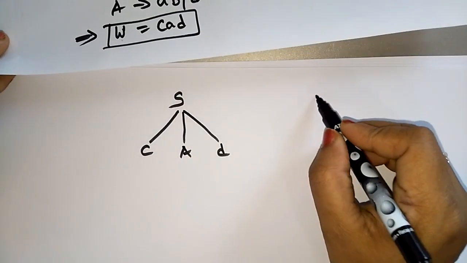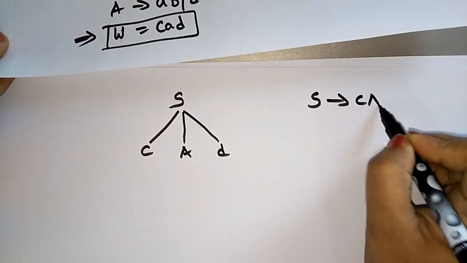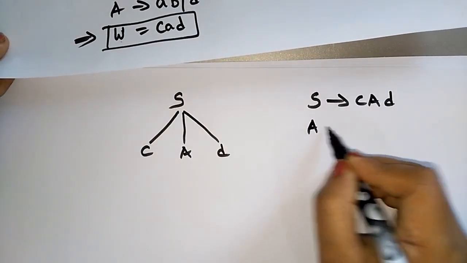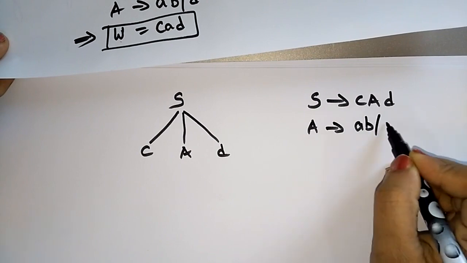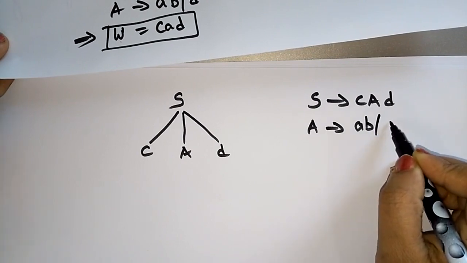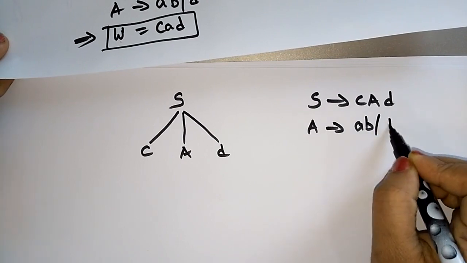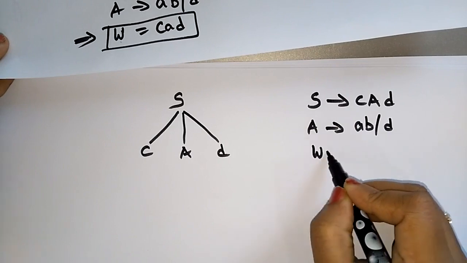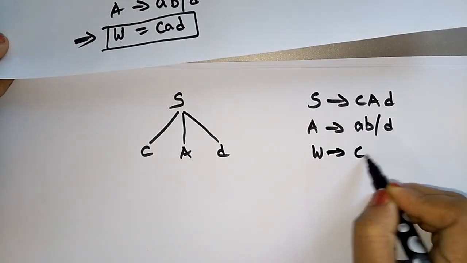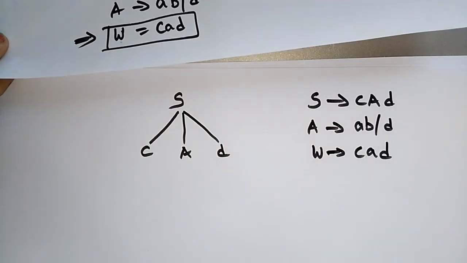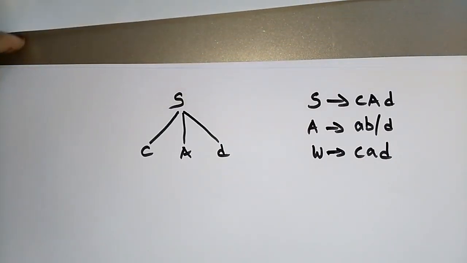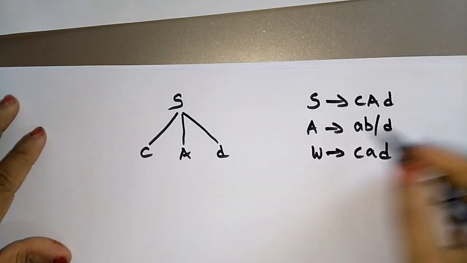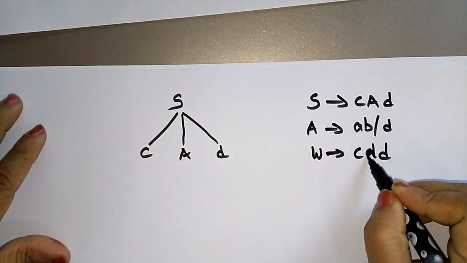Let me write the productions here: S tends to cAd, A tends to ab or d, and w is the input string. So it's not cad, it's cdd. We have to get cdd.